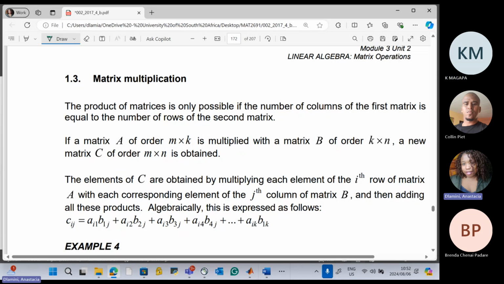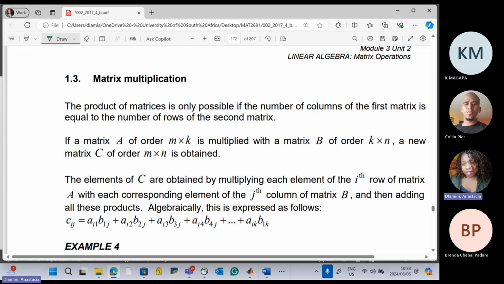So they say the product of matrices is only possible if the number of columns of the first matrix is equal to the number of rows of the second matrix. Now, if matrix A of order M by K is multiplied with matrix B of order K by N, a new matrix of order M by N is obtained.